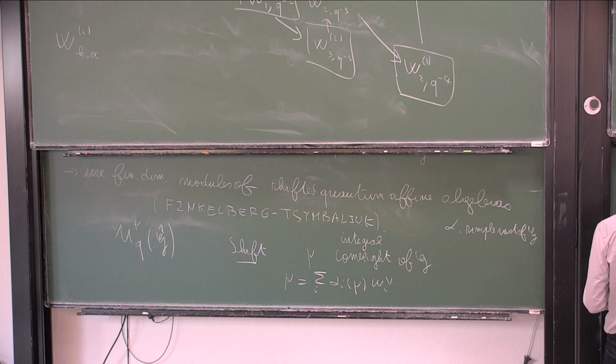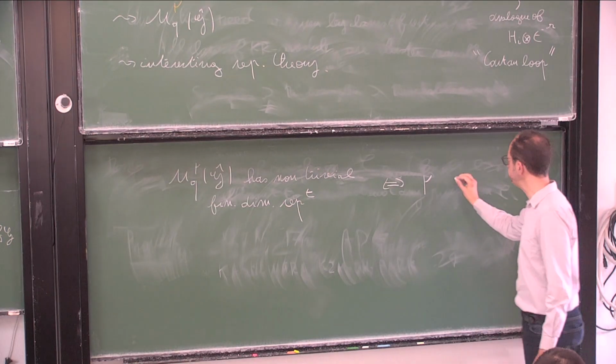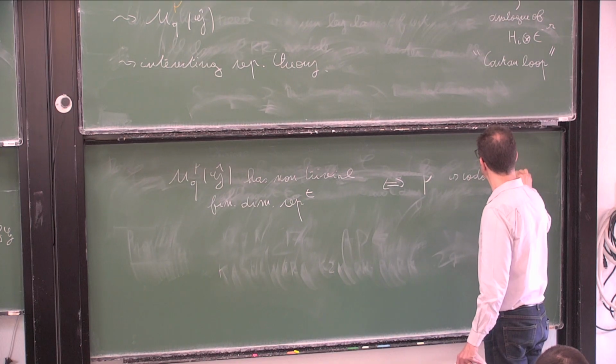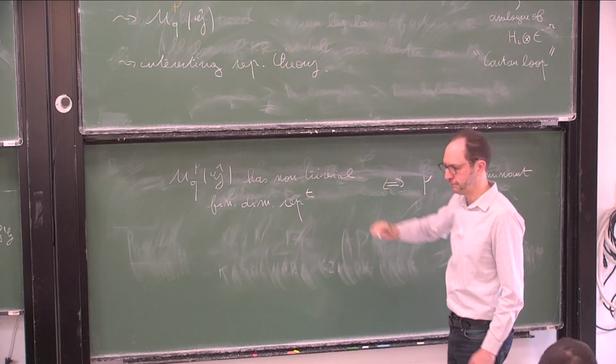And in fact, if you look at U_μ, it has a finite dimensional representation if and only if μ is codominant, meaning that all the shifts are positive.